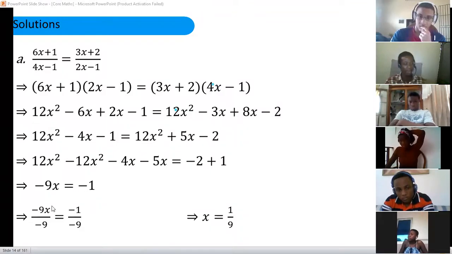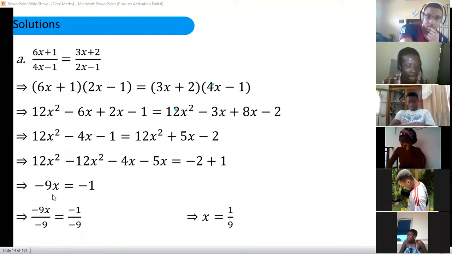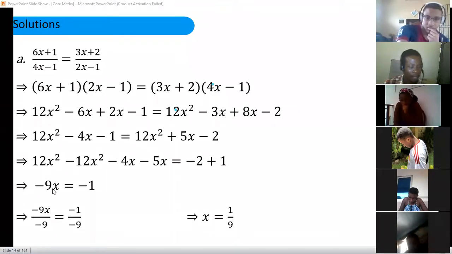But anytime we are solving an equation like this, we want to make the variable the subject. So the coefficient of the variable here must be positive 1. So the x here must have a positive coefficient of 1.